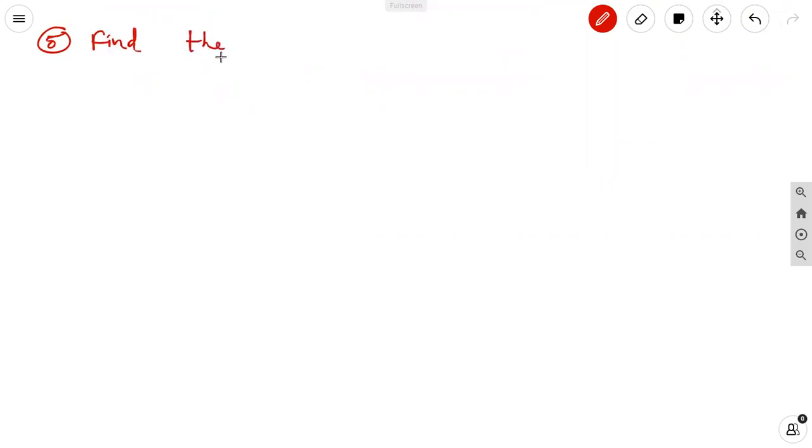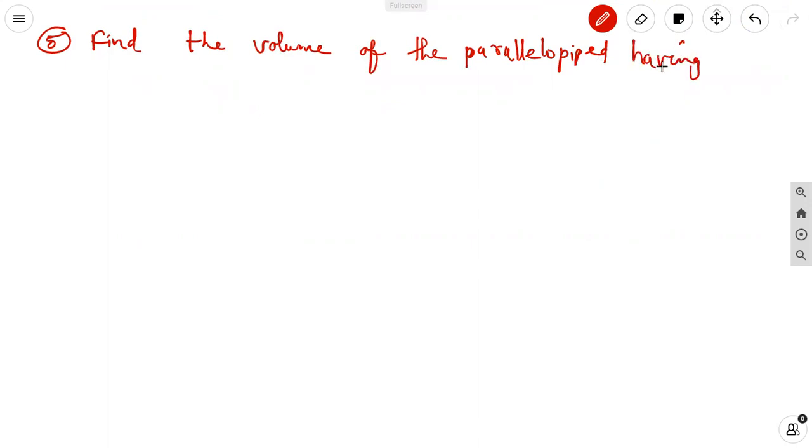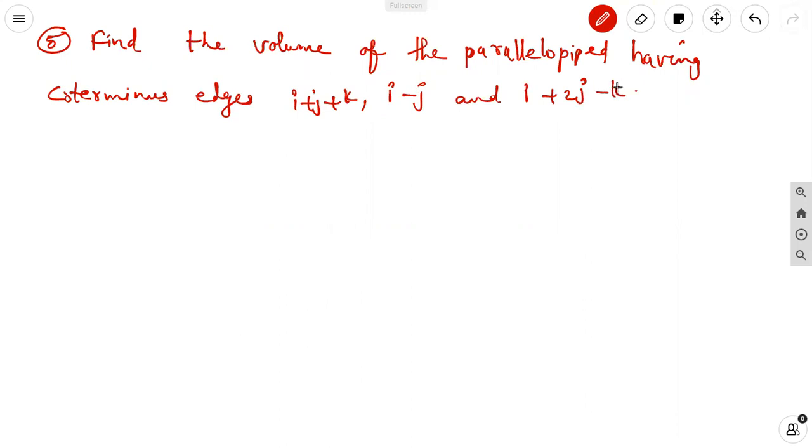Find the volume of the parallelepiped having coterminous edges i plus j plus k, i minus j, and i plus 2j minus k.